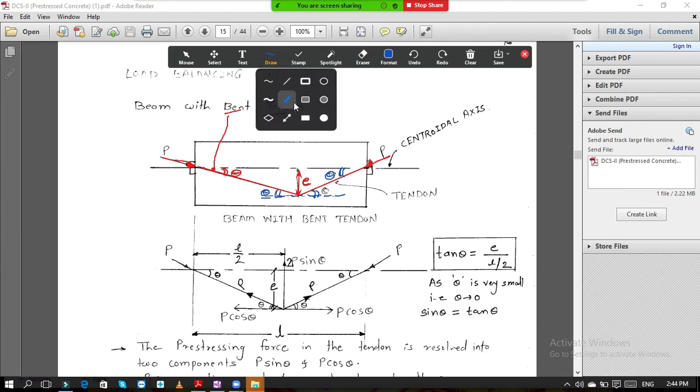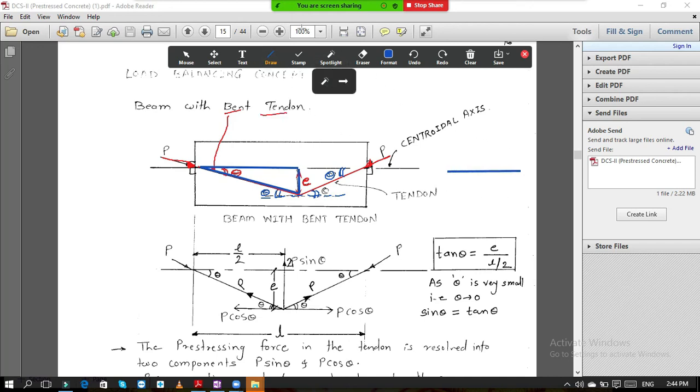Now, if I want to calculate the value of tan theta, consider this triangle. If we draw this triangle separately, it will look like this. This is the triangle.